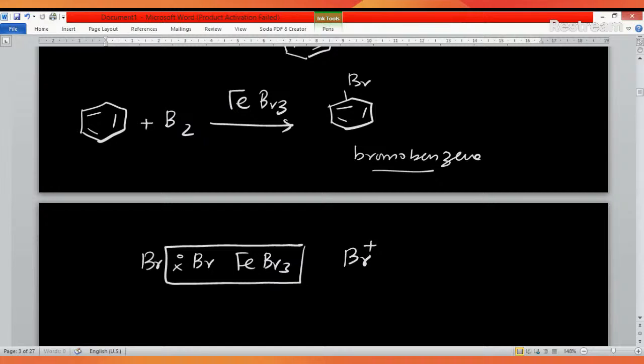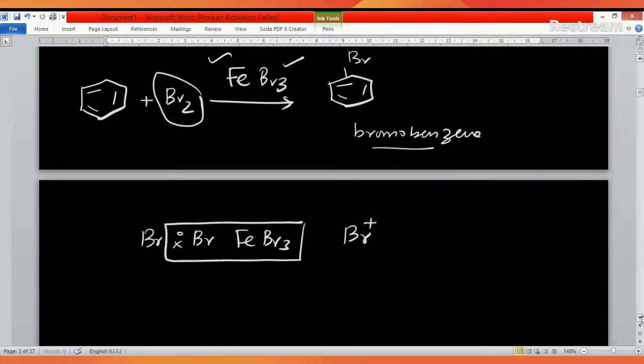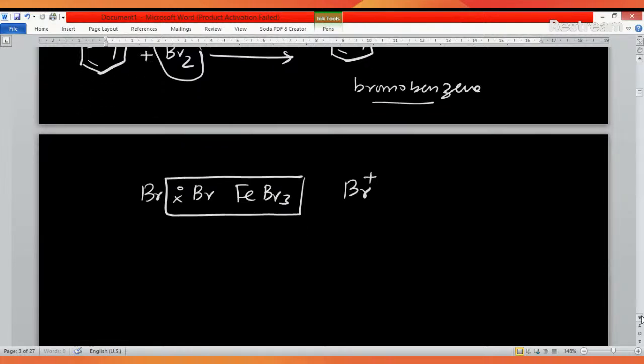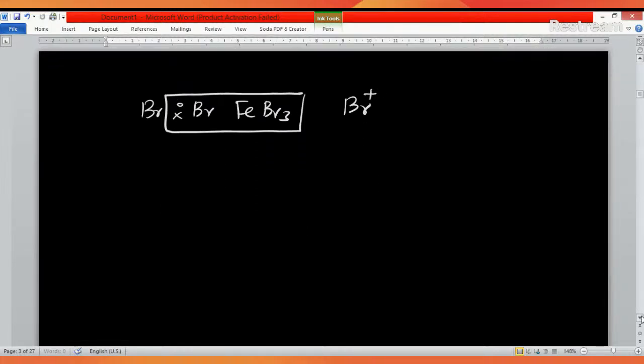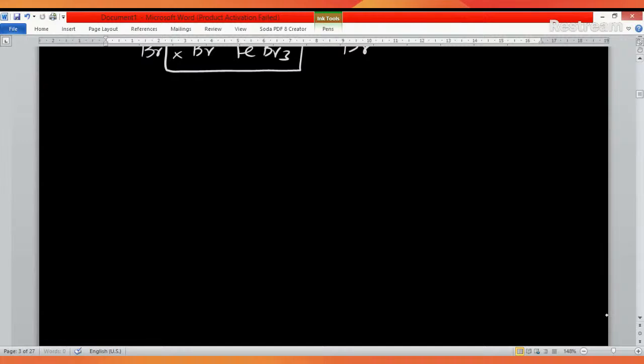So the only difference is, for the introduction of bromo, take ferric bromide, and for the introduction of chlorine, you should have ferric chloride. So that's all about the halogenation, chlorination and bromination. Now we are passing on to the other simple matter called Friedel-Crafts reaction.